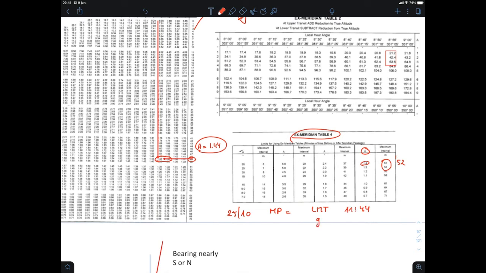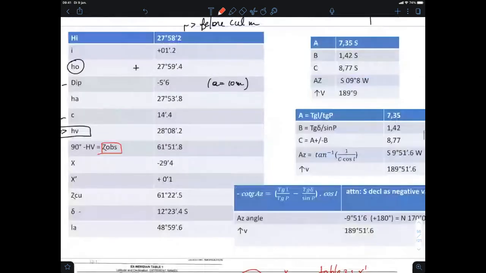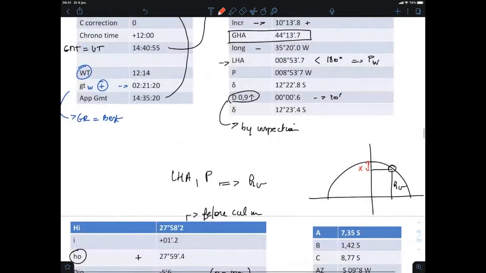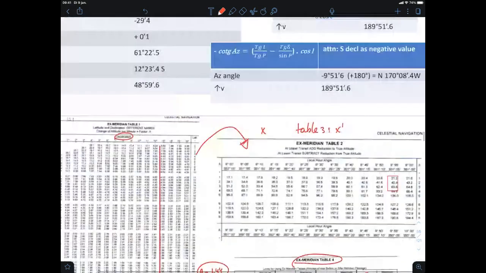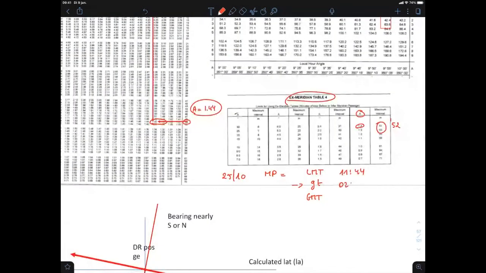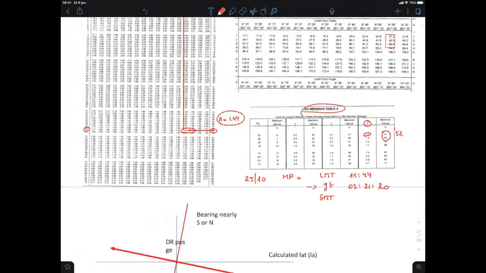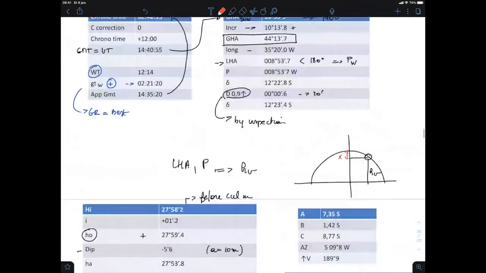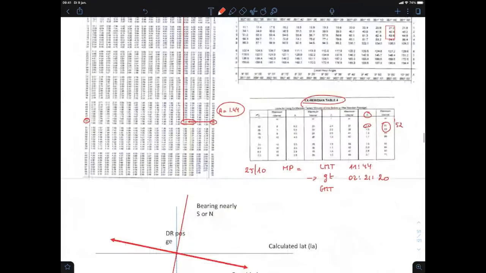Voila. If we want to transform this into GMT, because we want to compare this with our chronometer time, what do we have to do? We have to go again to what we calculated in the beginning, to our longitude transformed into time, which is 2 hours 21:20. Our longitude was, what was it? Our longitude was west.